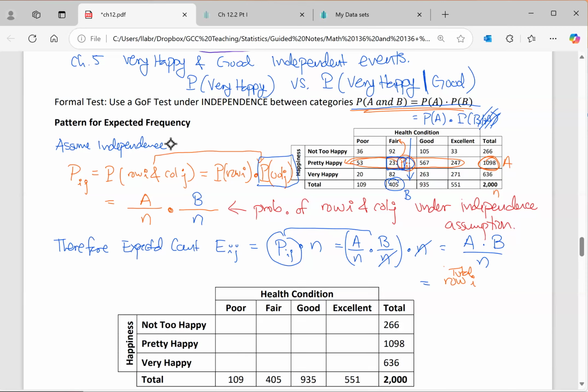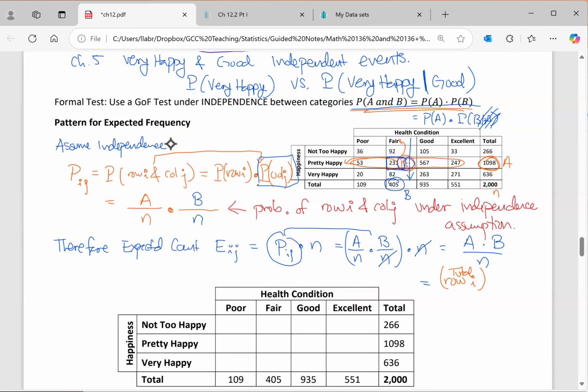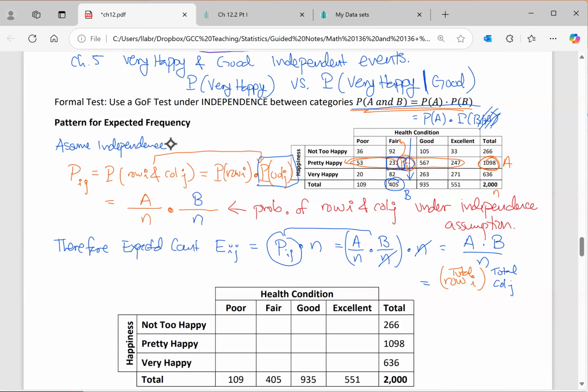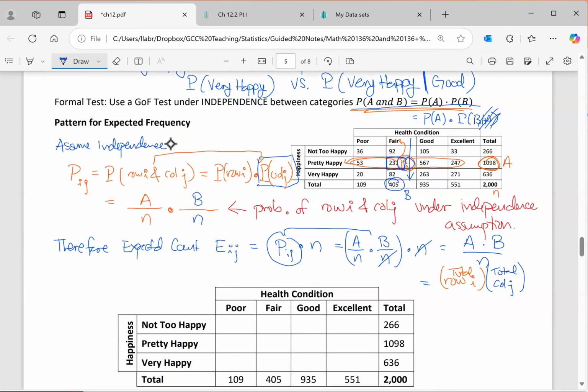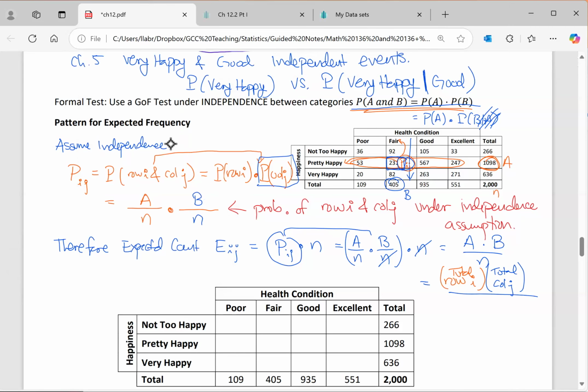It's the total of row I. And B is 405. That was the total of column J. All of that gets divided by N.